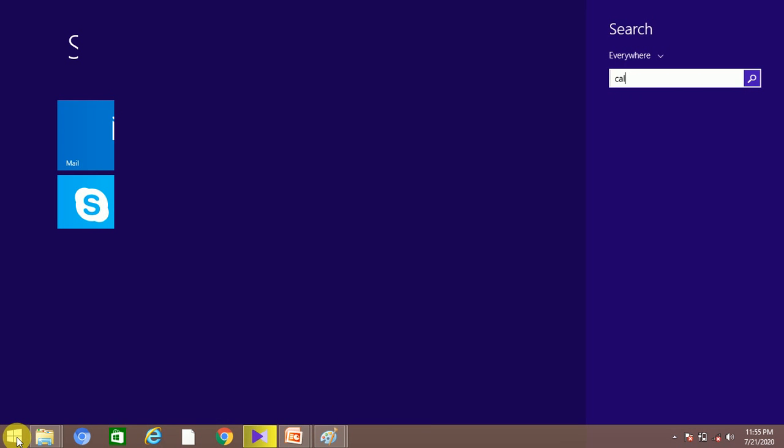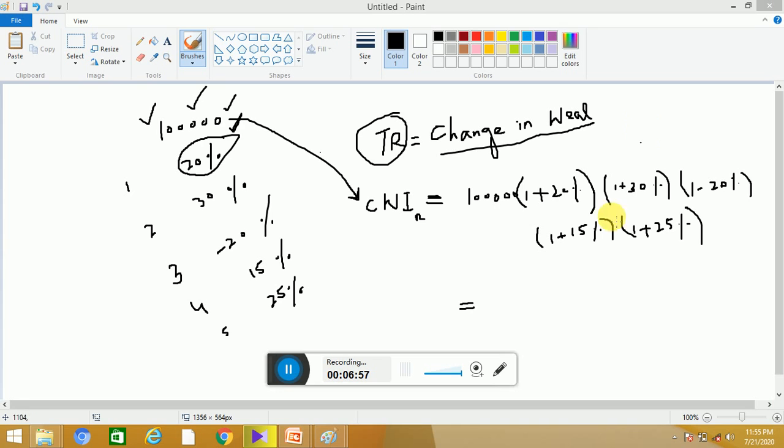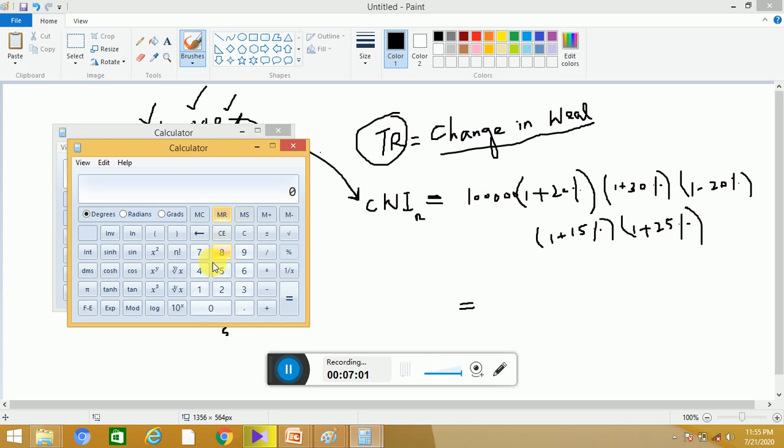Now look at this. Take the calculator. See, what was our initial amount? 100,000, multiplied by 1 plus 20%, which means 1.20, multiplied by 1 plus 30%, which means 1.30, multiplied by 1 minus 20%, which means 0.80, then multiplied by 1 plus 15%, so 1.15, and multiplied by 1.25.